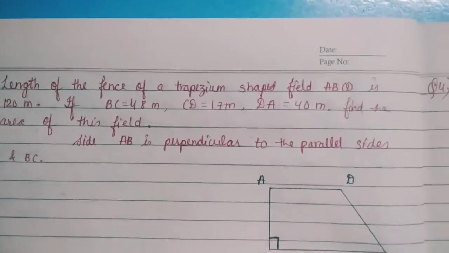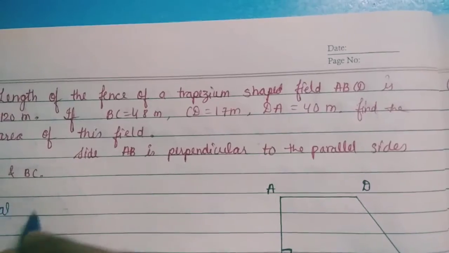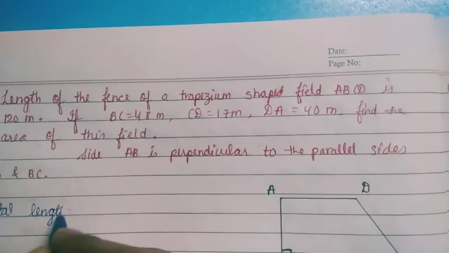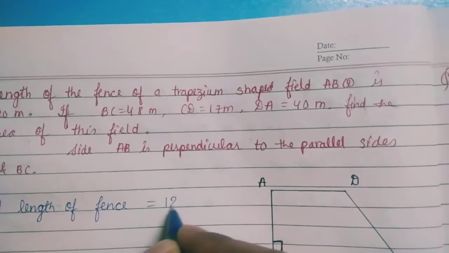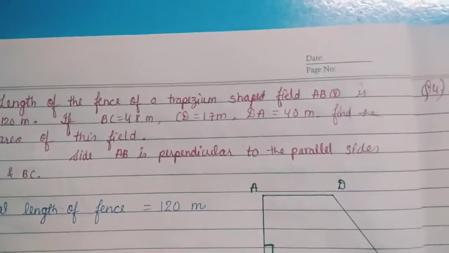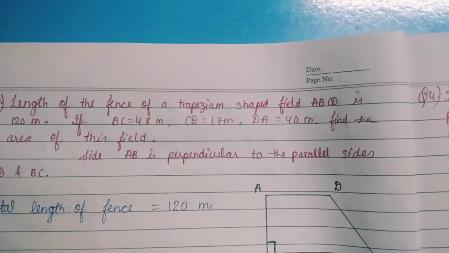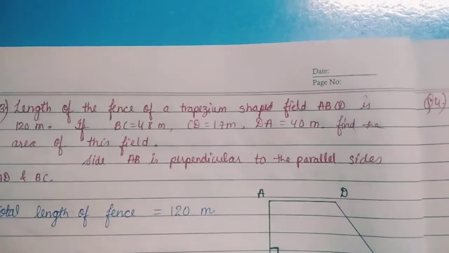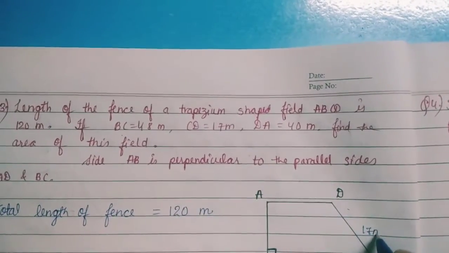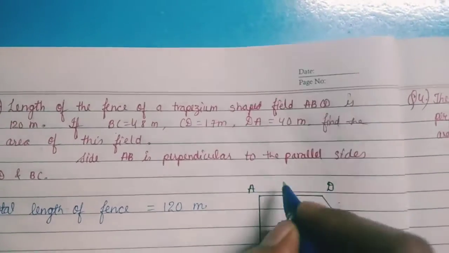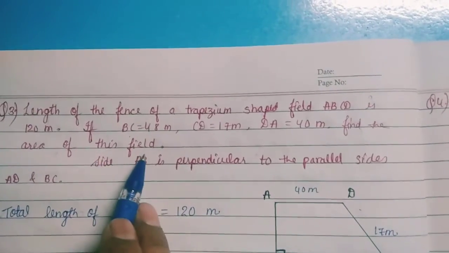So the first thing given in the question is the total length of fence, which is 120 meter. If BC is 48, here is BC, so this is 48 meter. CD is 17, and here we have 17 meter. DA is 40 meter. Find the area of this field.